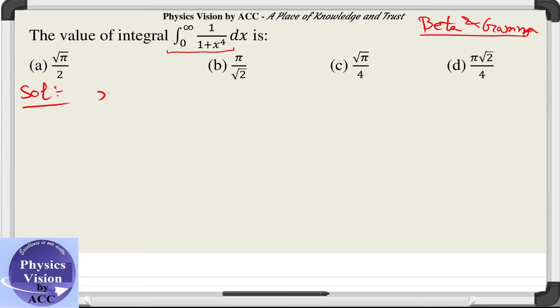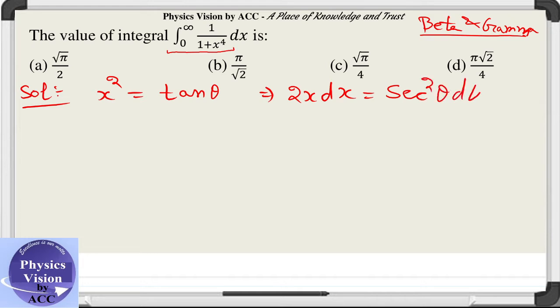First of all, what will we do? We'll substitute x square is equal to tan theta. That gives us x square is equal to tan theta, so 2x dx is equal to secant square theta d theta.